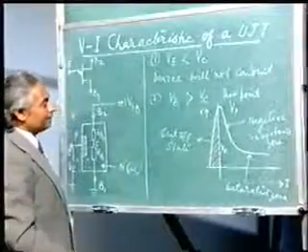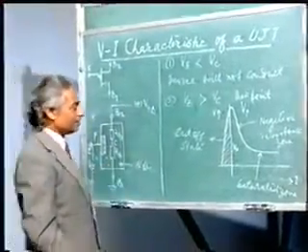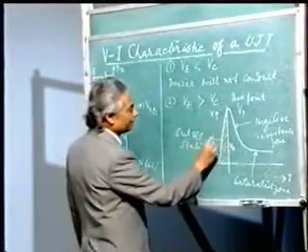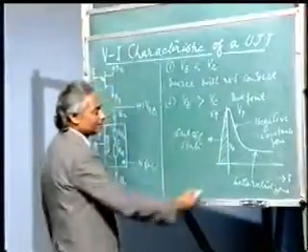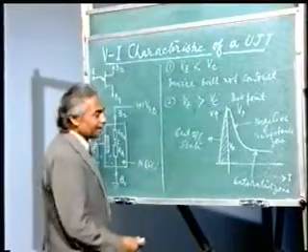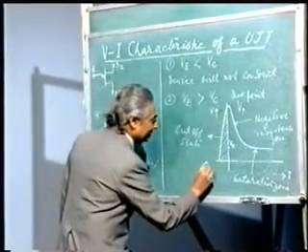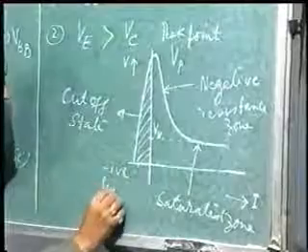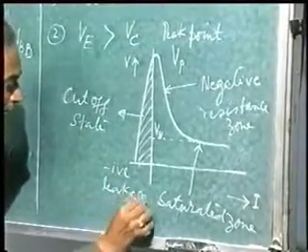So I will repeat, there are three states of conduction. Number one is cutoff state, when the device was not conducting at all, there is leakage current, and that is negative leakage current.